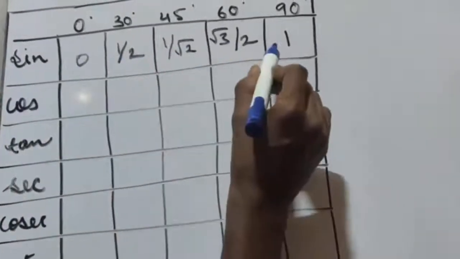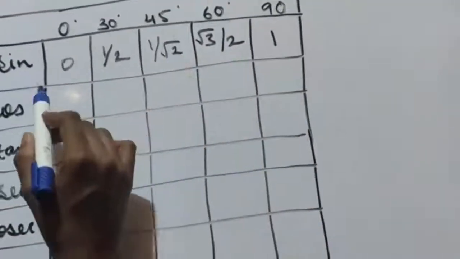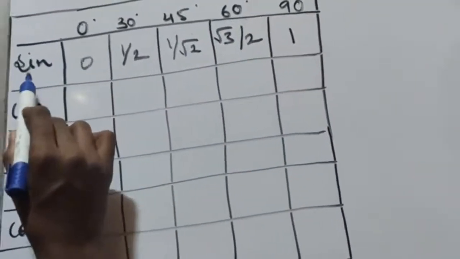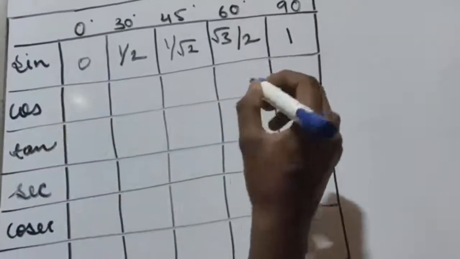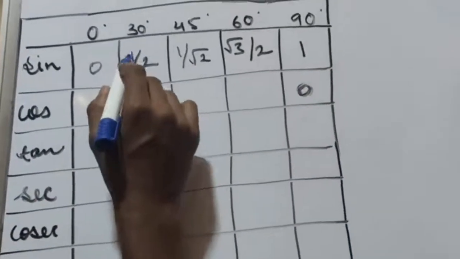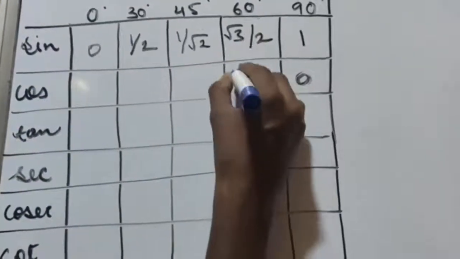Okay, so as far as cos is concerned, the simple trick is you have to write the same values in the opposite direction like this. Okay, so first of all, since sine 0 degree is 0, for cos it will be for 90 degree. Sine 30 degree is 1 by 2. For cos 60 degree it will be 1 by 2.